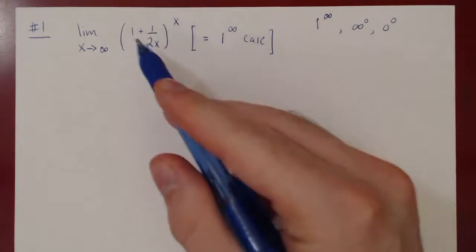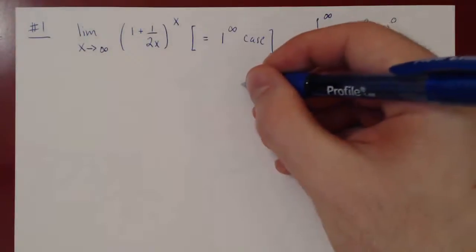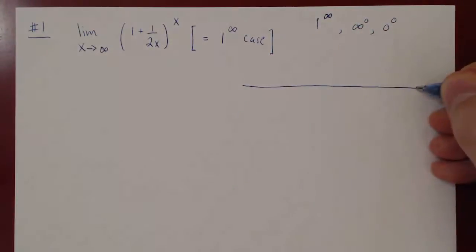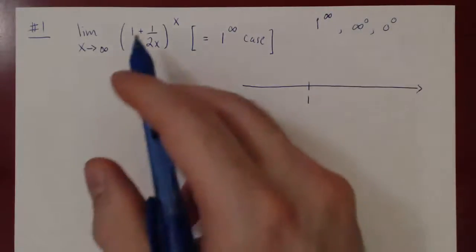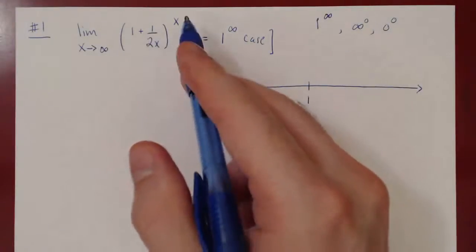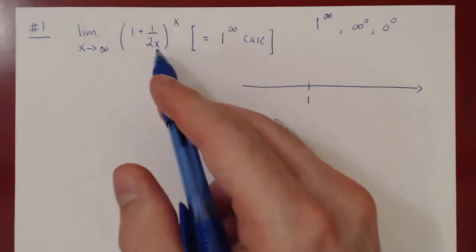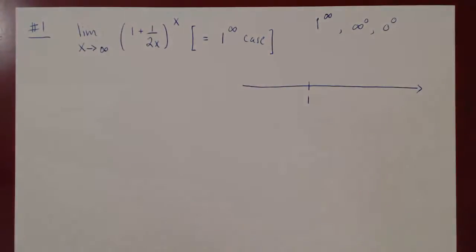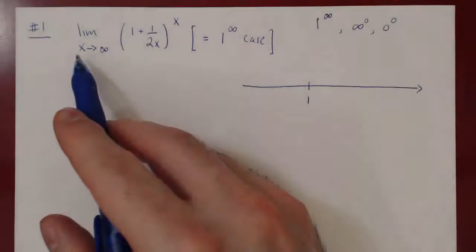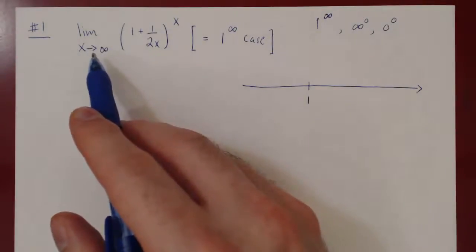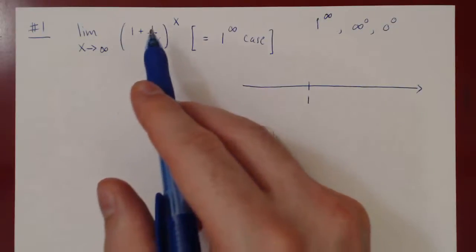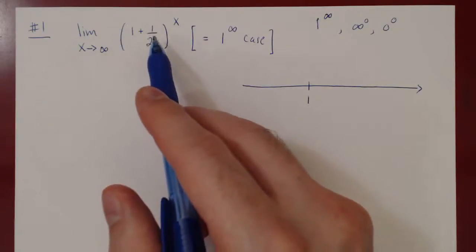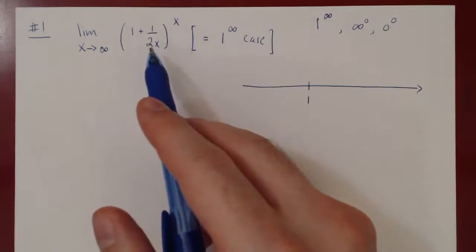But look at this expression along the real line. You have the value 1, and the base of your expression, 1 plus 1 over 2x, is always slightly bigger than 1. As x approaches infinity, x is always positive. It may be large, but still positive. You'll have 1 over 2x, which will be very small, but still positive.